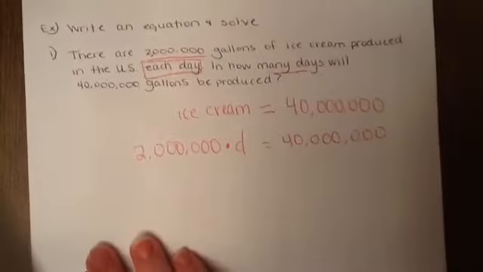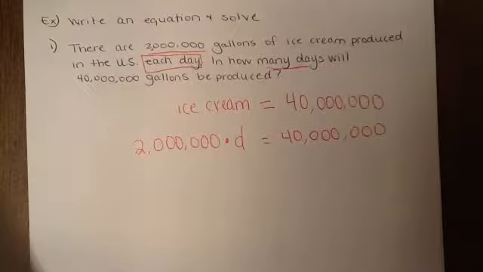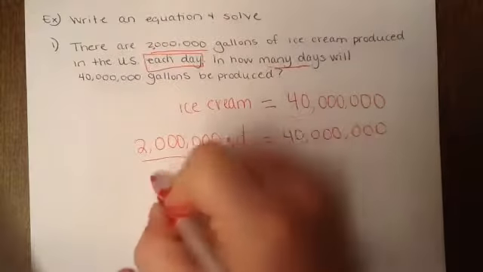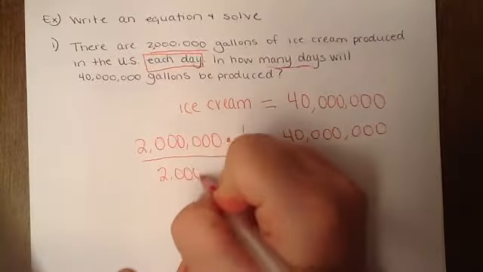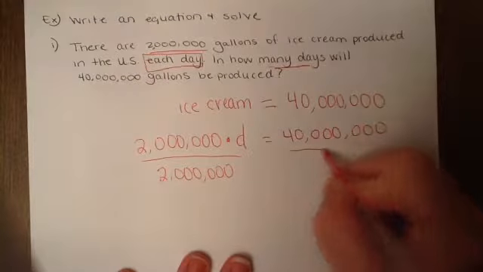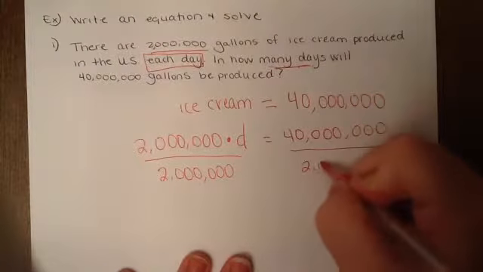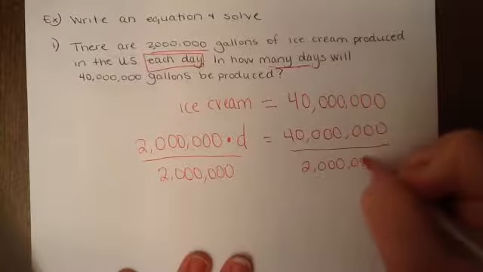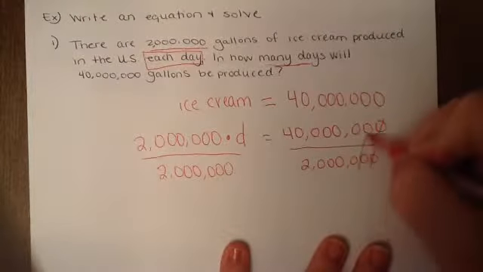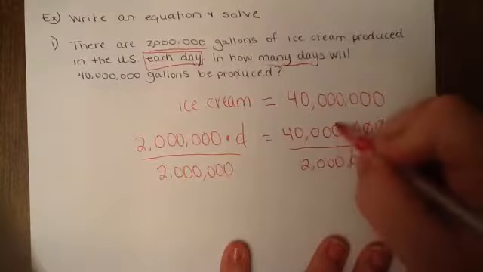Now I just need to solve and find out how many days it will take. So how do I get rid of a times 2 million? Divide by 2 million. What I do on one side must do to the other. The nice thing with dividing by zeros is we can cancel some.